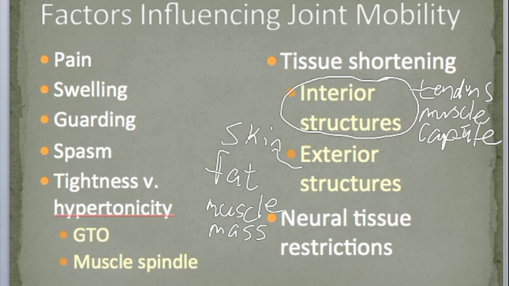With neural restrictions, so when you have a nerve, let me change colors here. When you have a nerve, so here's your nerve fiber. It doesn't matter if it's myelinated or unmyelinated right now. When you have your nerve fiber, then surrounding your nerve fiber, remember, is going to be a sheath.